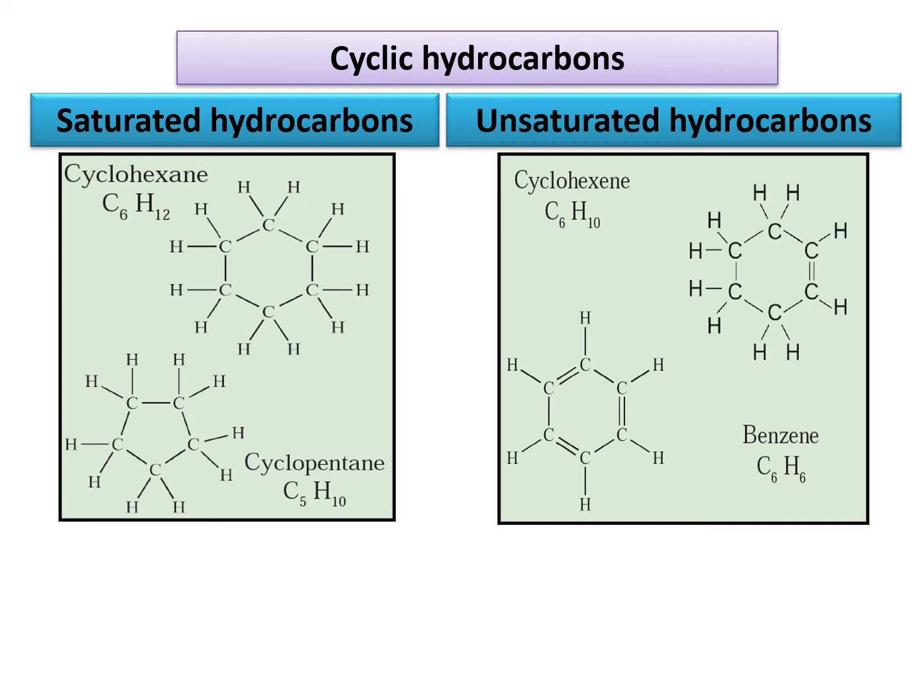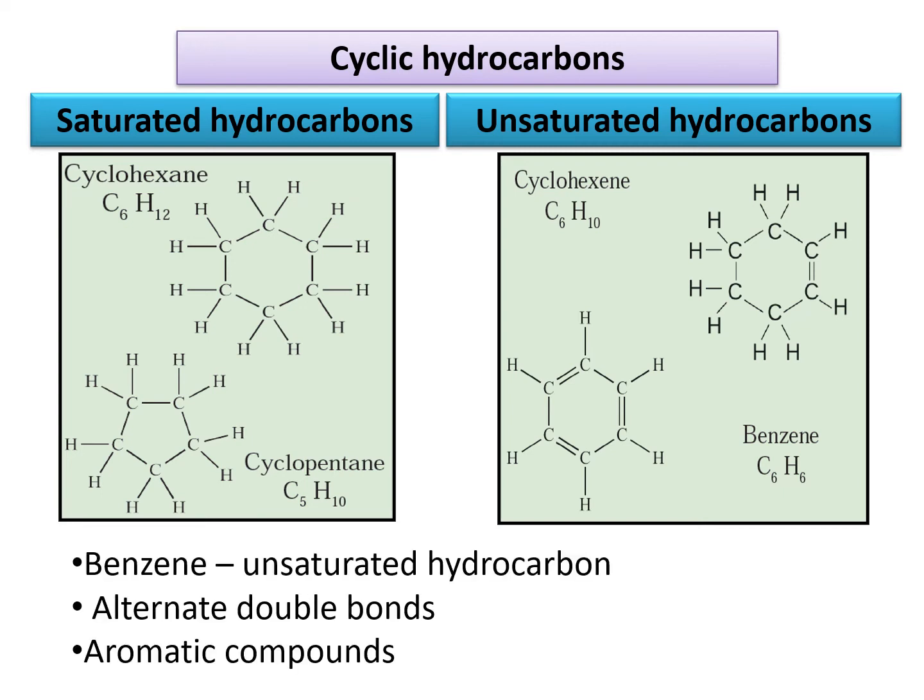So three single bonds and three double bonds between six carbon atoms. Because of the presence of double bonds, it comes under unsaturated hydrocarbon. Compounds with alternate double and single bonds like this are called aromatic compounds.